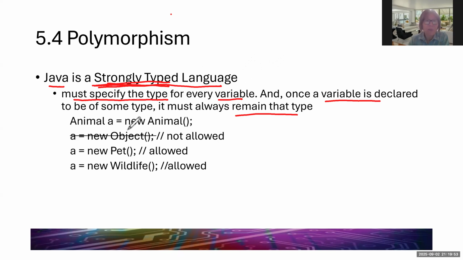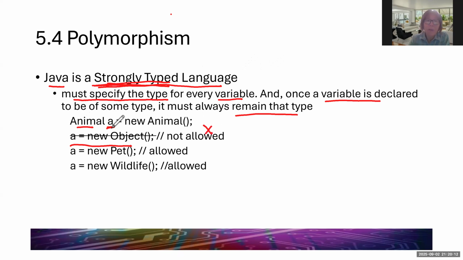So like over here, Animal a. A is a variable, and the type is Animal. After that, you cannot change a to some other type. If you want to do that, it's not allowed.